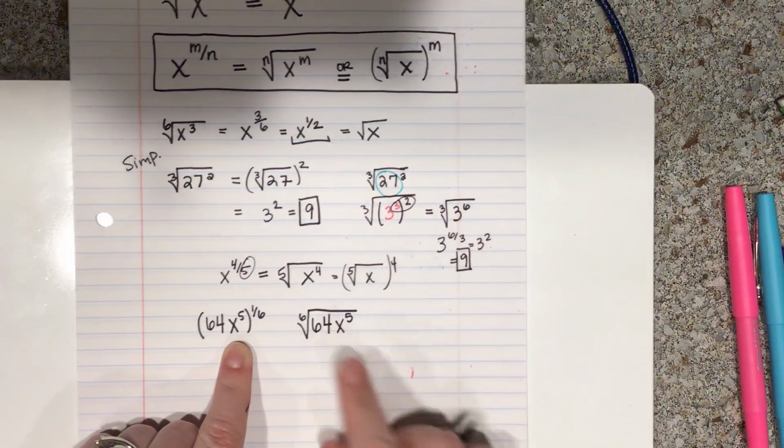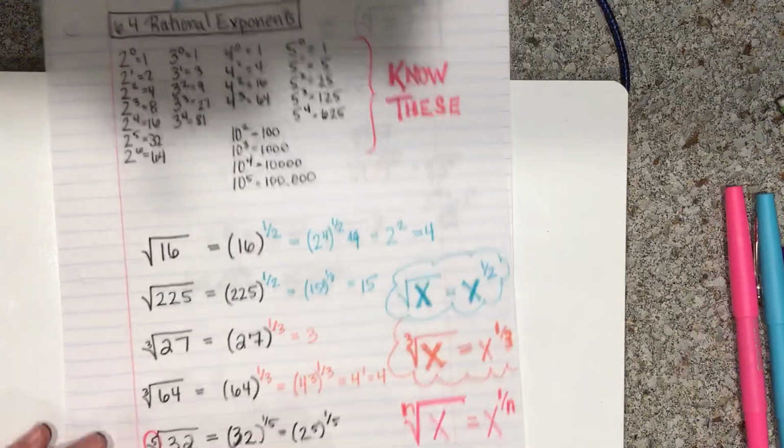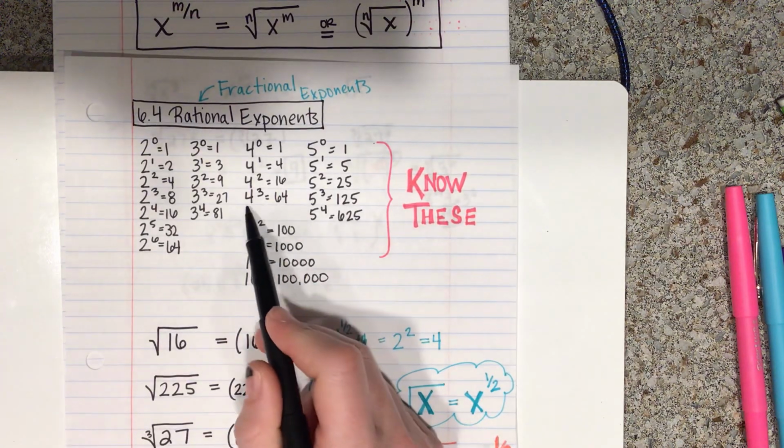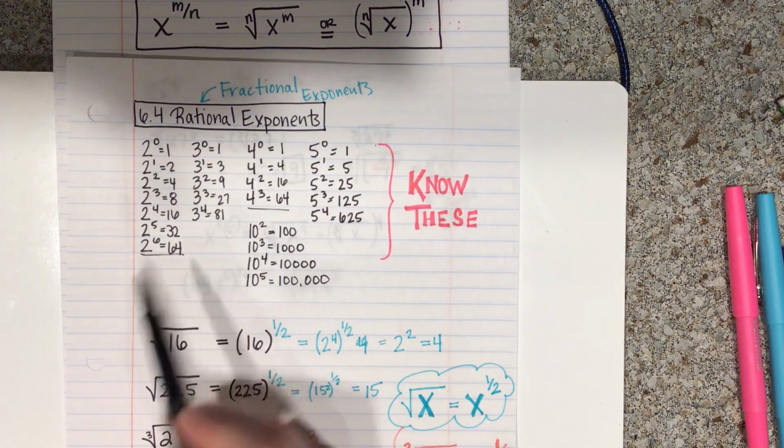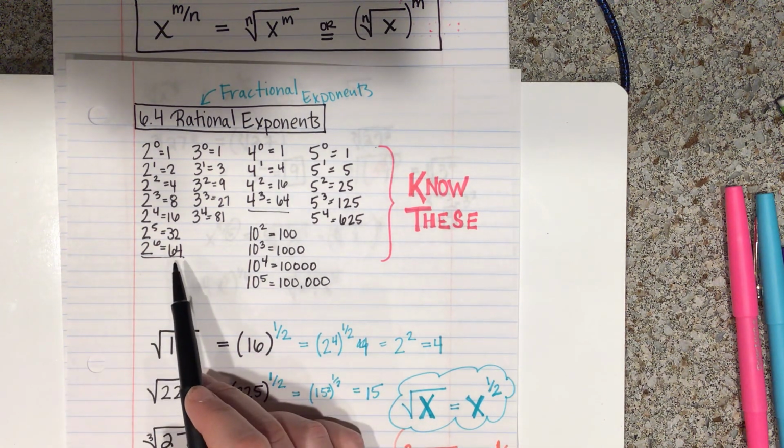x to the 5th. But if you guys recall from our list again, I've got 64 a few times here. It's also 8 squared.